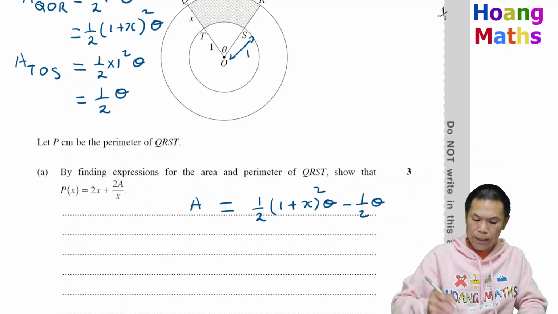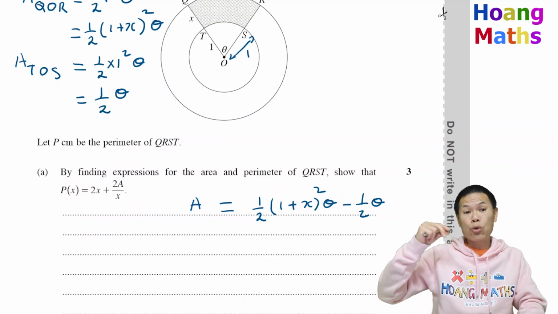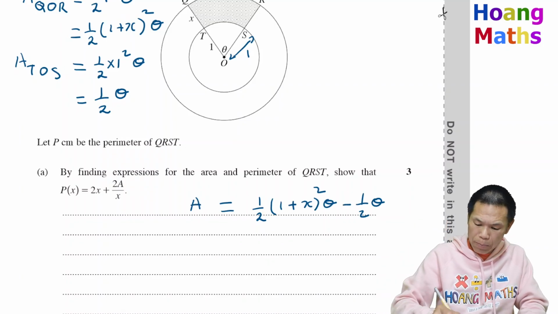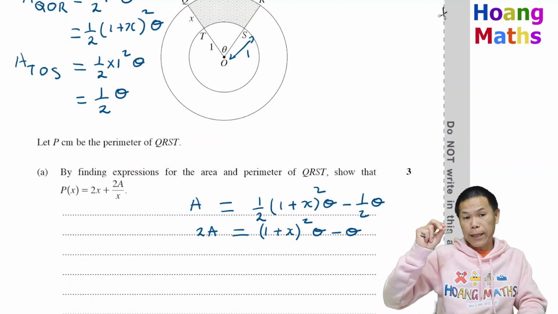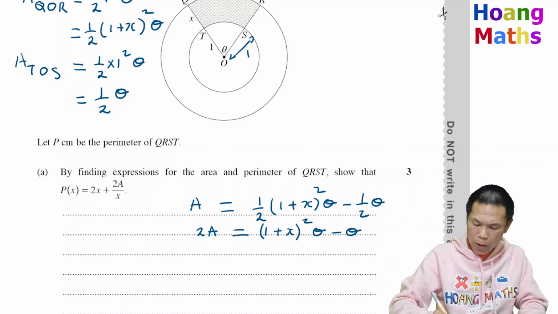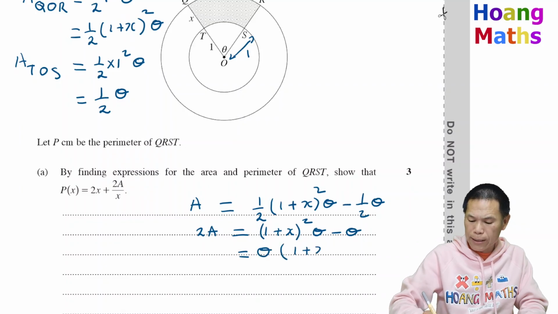So let me write A here. And if I multiply by 2 on both sides, that becomes 2A equals (1 plus x) squared theta minus theta. And if I take the theta out, that gives me theta times ((1 plus x) squared minus 1).